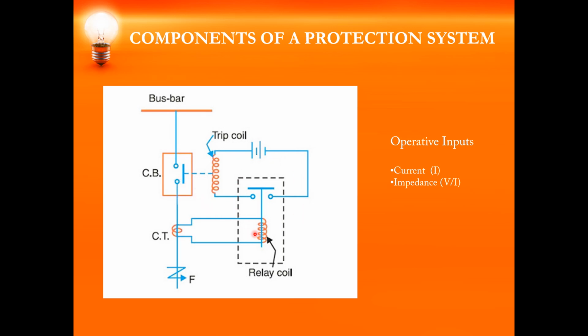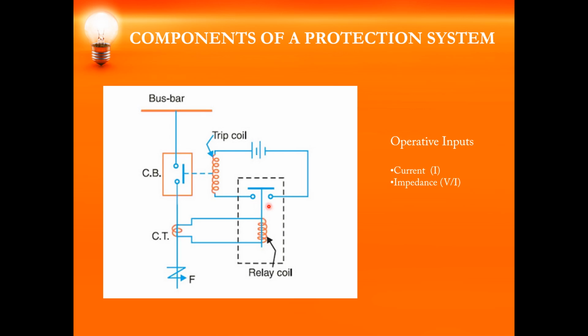Now let us see how it actually works. Under normal conditions, as I have told you, the relay contacts will be open. Whenever a fault occurs, at the point you can observe here, the current through the current transformer will increase so that the relay coil gets energized. When the relay coil gets energized, the relay contact closes.